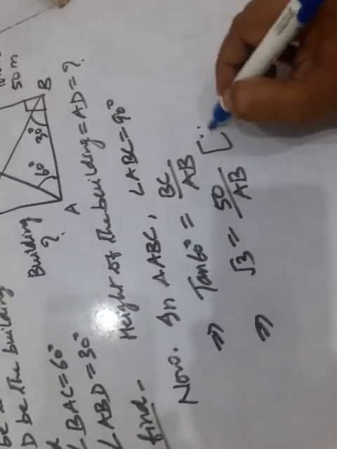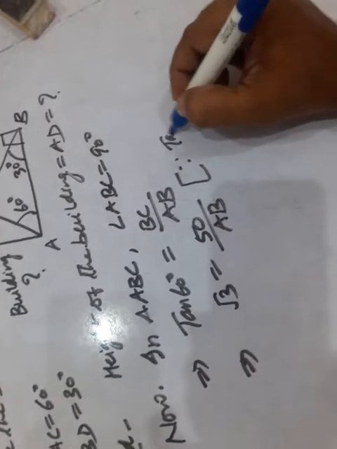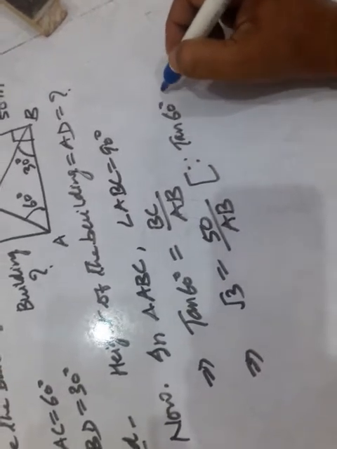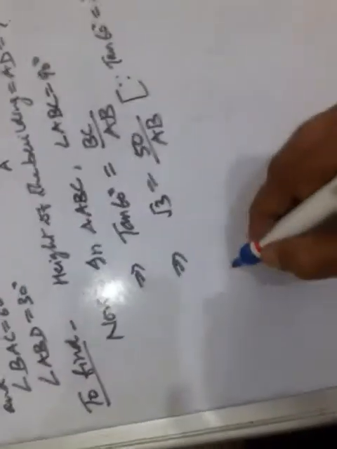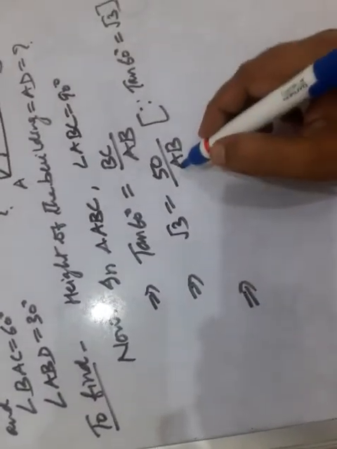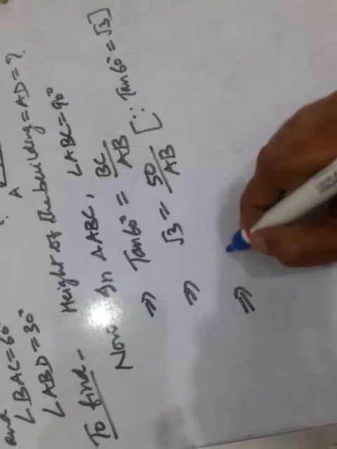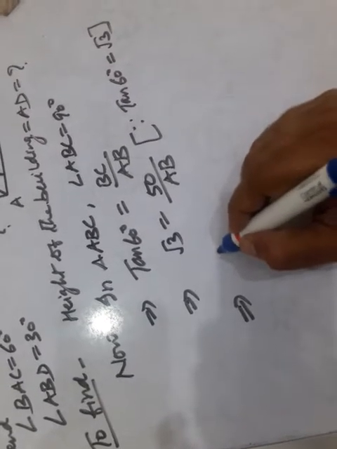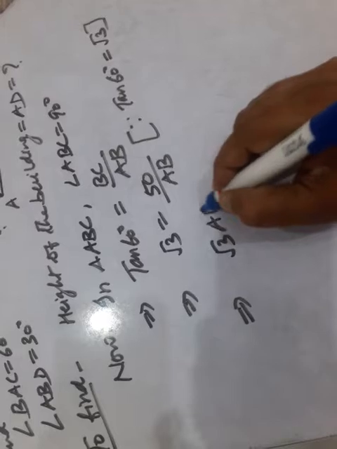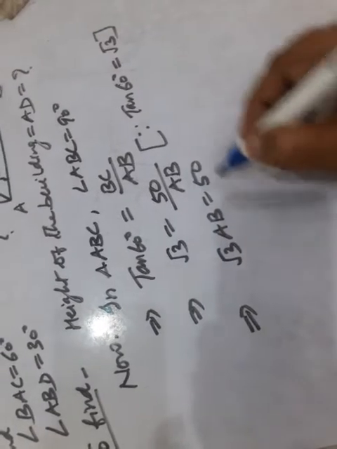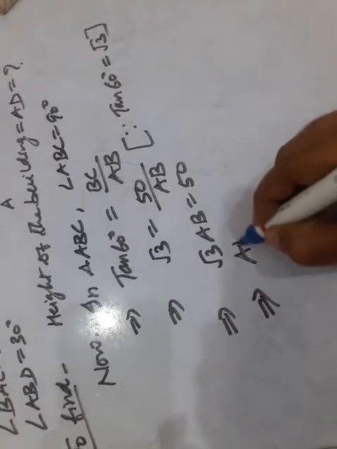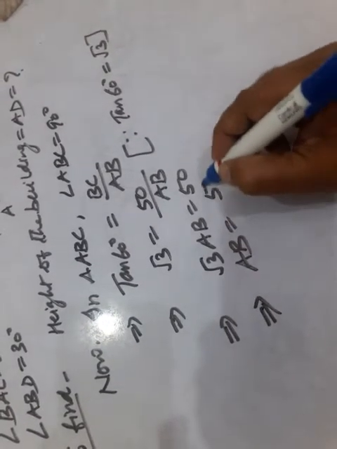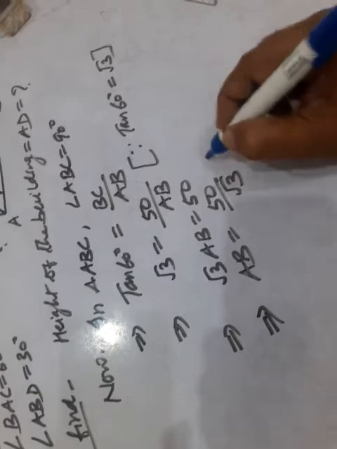Since tan 60 degrees equal to root 3, this implies AB root 3 equal to 50. This implies AB equal to 50 upon root 3. That is equation number 1.